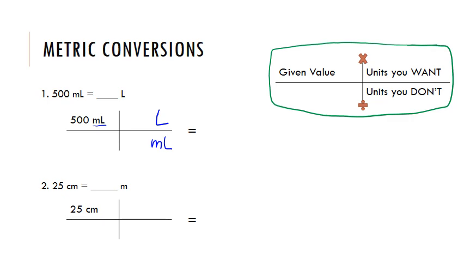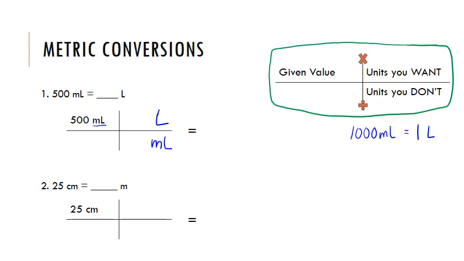Now we need to know what the relationship is between milliliters and liters. Earlier, when we were looking at the green liquid being poured into the graduated cylinder, we found out that 1,000 milliliters equals 1 liter.